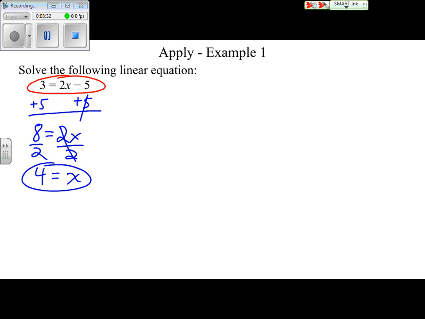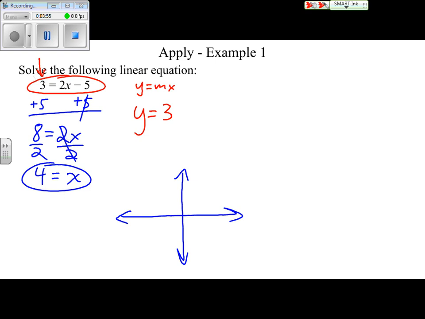So I'm going to start with the left-hand side of the equation. And what did we have on the left-hand side of the equation? We had a 3. I want to make a new equation with y equals 3. Well, what does that mean if I say y equals 3? If you remember back to our lesson on asymptotes, that would mean that's a horizontal line. This is an equation of a line, and the equation of lines can often be put in the form of y equals mx plus b.